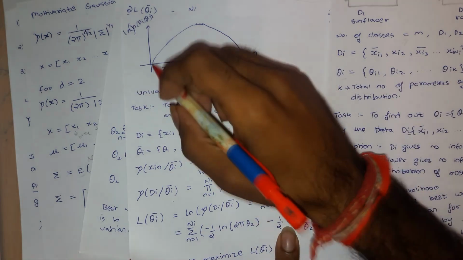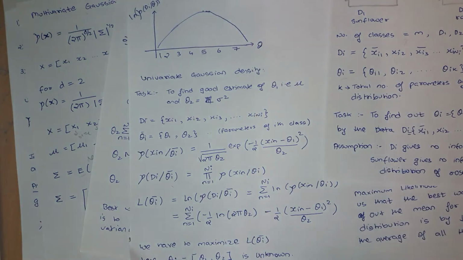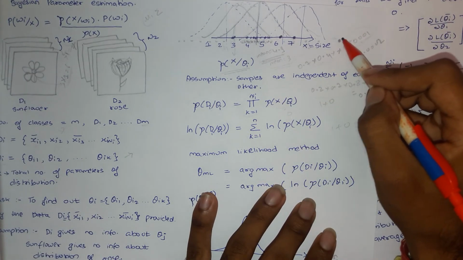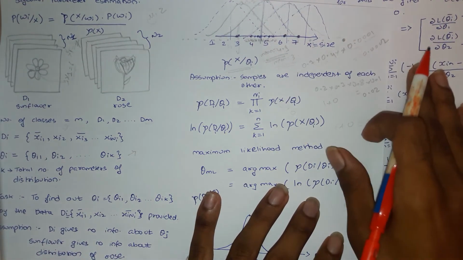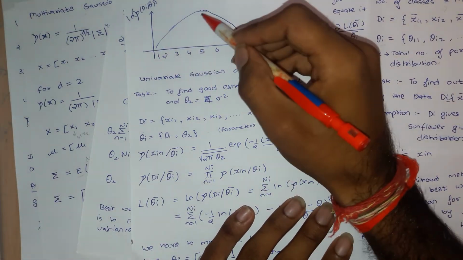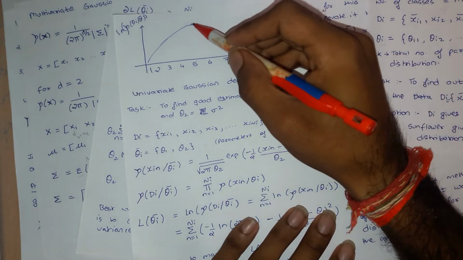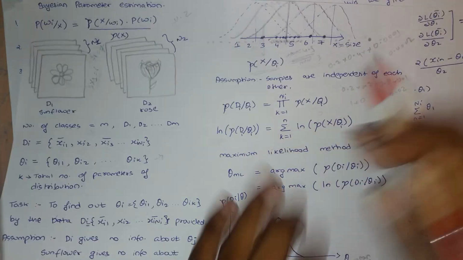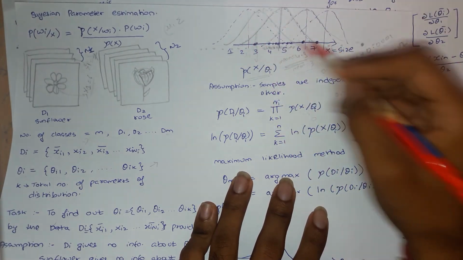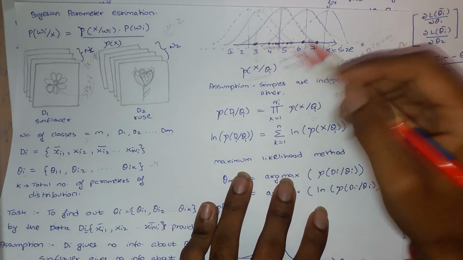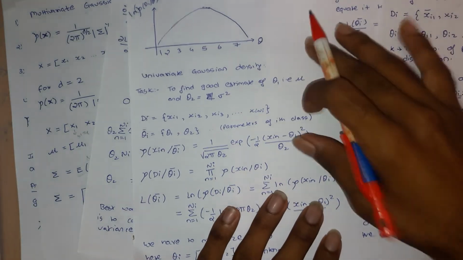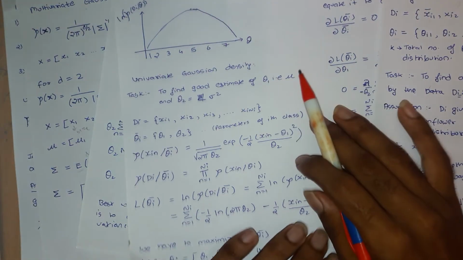So hence we are getting a curve like this. In cases where the data samples are very apart from each other, we take the log, which is a good thing. Here also we have a peak, and it will peak only where the mean of the Gaussian takes the maximum of the data samples inside it. So this is the plot we get.